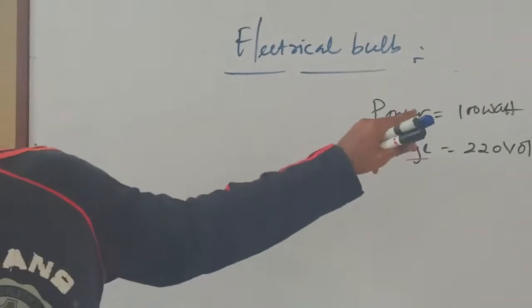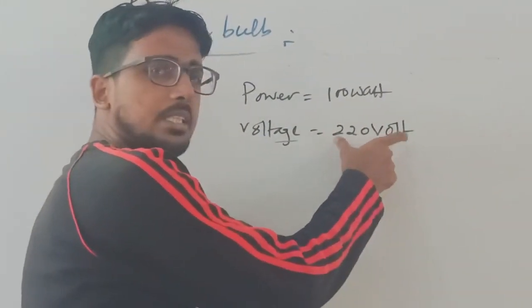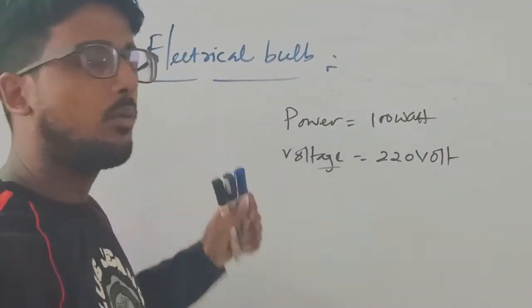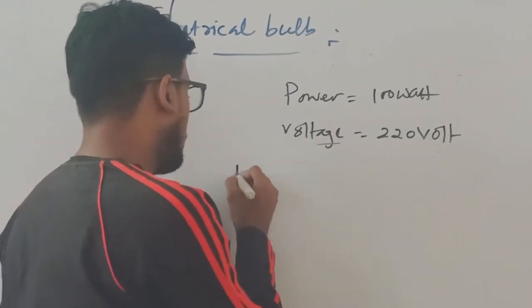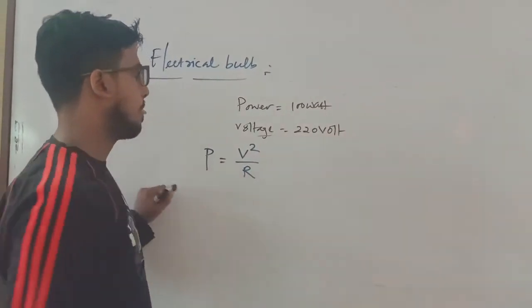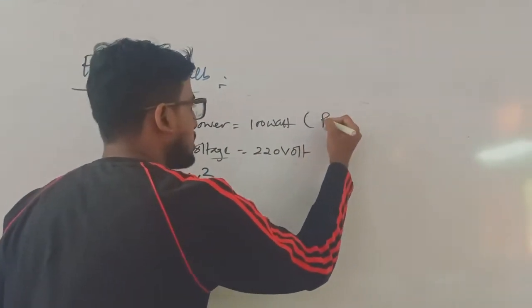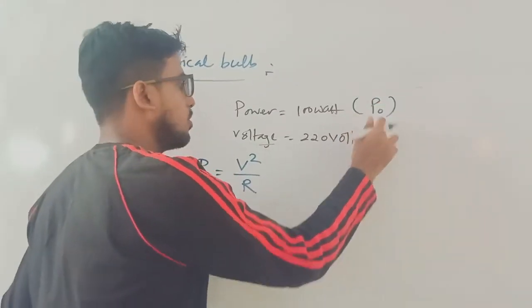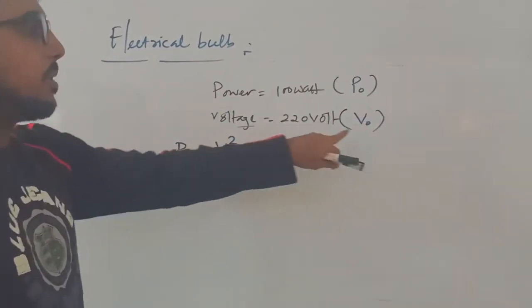For an electrical bulb, the power is mentioned on the bulb, and the voltage at which it can be operated is also mentioned. From these two given data we can calculate the resistance of the electrical bulb, because according to the formula, power can be written as V square by R. In general this can be taken as P naught, the power given by the manufacturer, and V naught, the voltage rating given by the manufacturer.